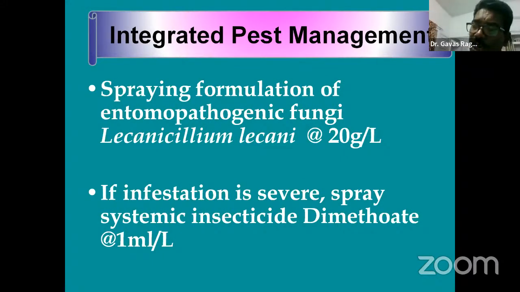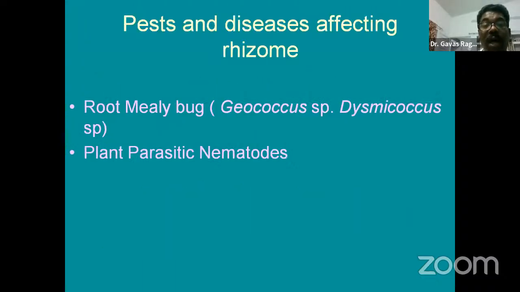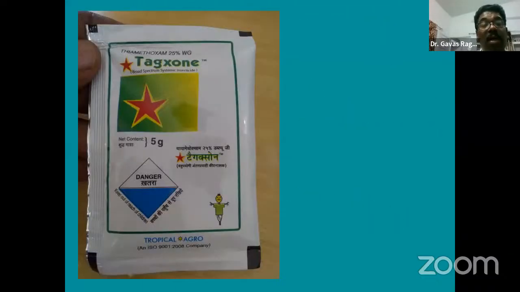If the infestation is severe, we have to go for application of insecticides like dimethoate at the rate of 1 ml per liter. I told you earlier that thiamethoxam, which is used for drenching and managing rhizome weevil, can also be used as a foliar spray for managing sucking pests of banana at the rate of 2 ml per 10 liter.